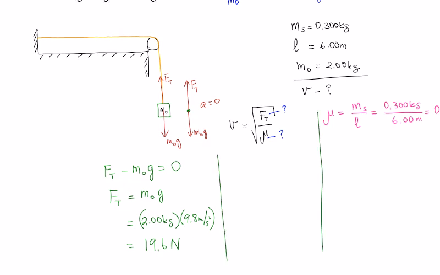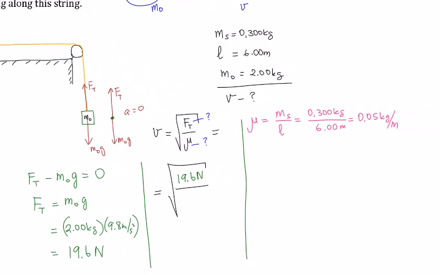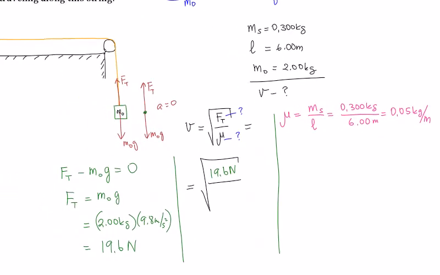Okay, so now that we have the linear mass density and we have the force of tension, we can plug them into the equation for the speed of the pulse. I'm going to use the colors to plug in 19.6 newtons for the force of tension, divided by what we got for mu, which is 0.05 kilograms per meter.